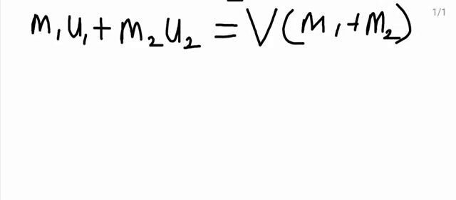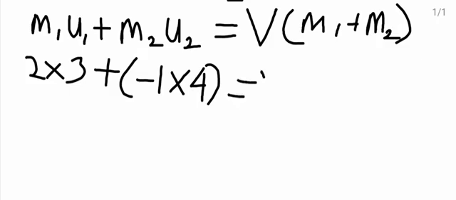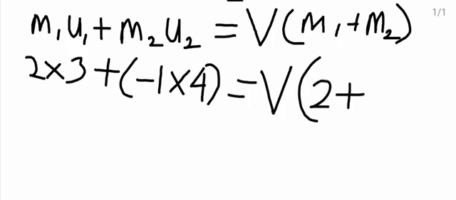So I was told that the first mass of the object is 2 multiplied by the speed of that object, which is 3, plus the mass of the second object, because it is coming from the opposite direction, is minus 1, multiplied by the velocity of that object, which is 4, is equal to the total speed, which is v, open bracket, the mass of the first one plus the mass of the second one.